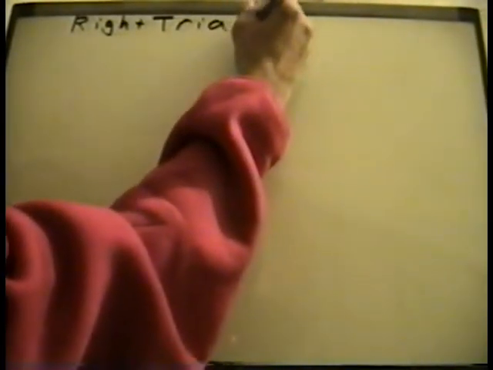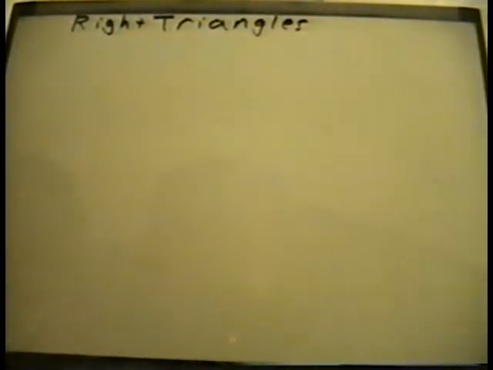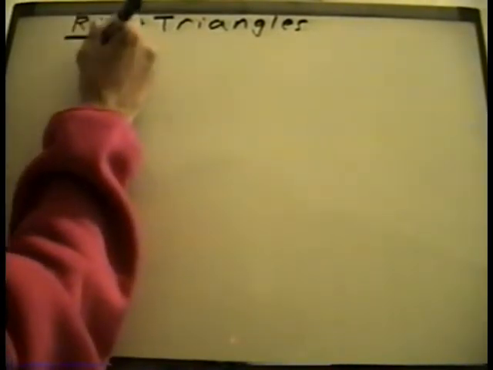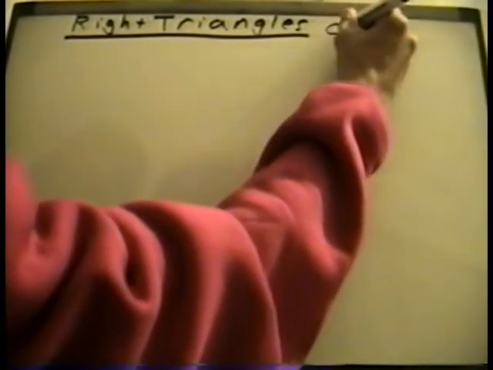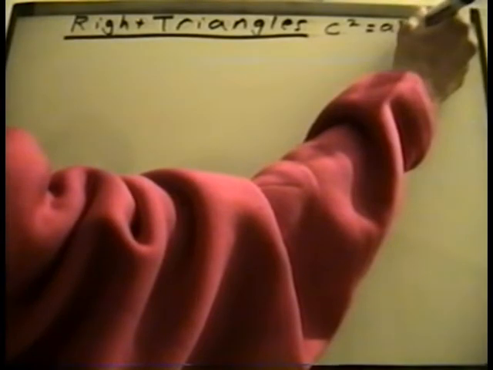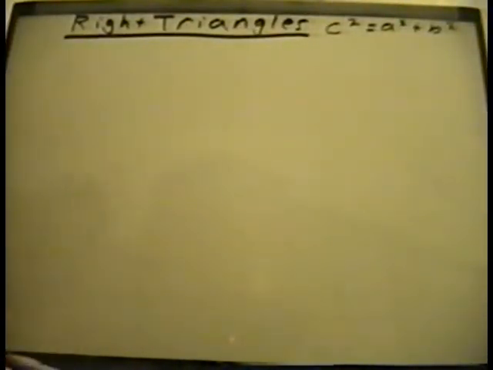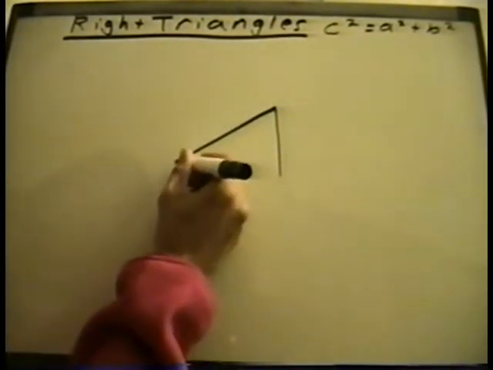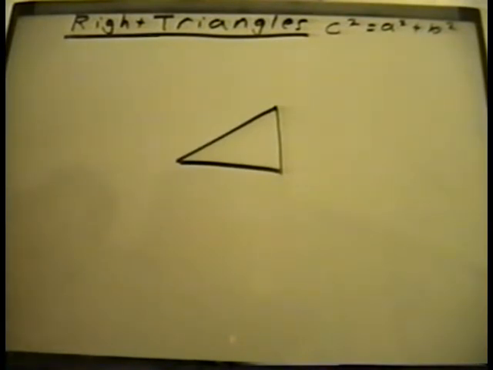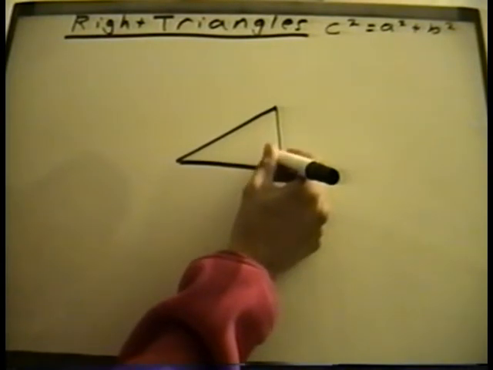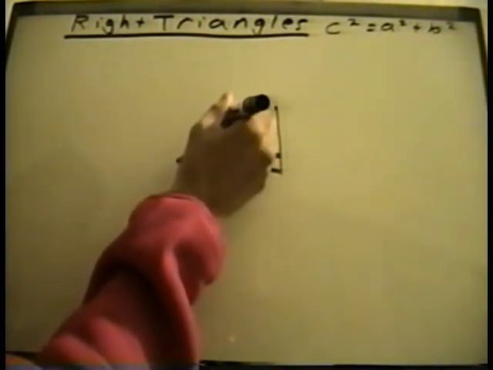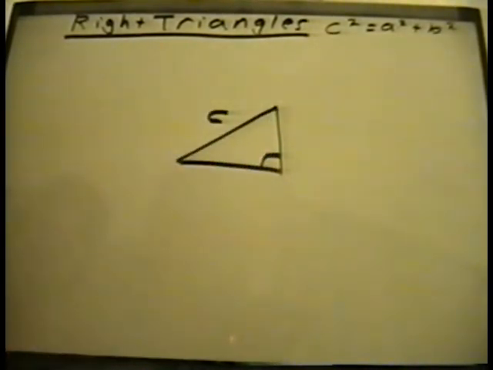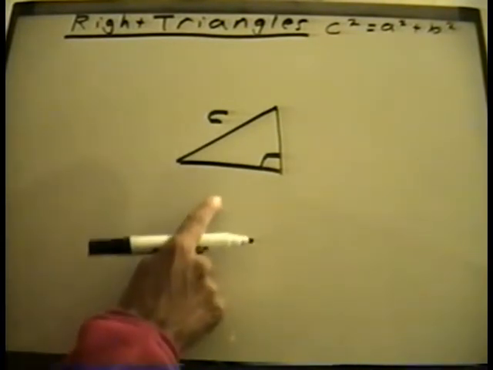So for right triangles, we're going to talk about the Pythagorean theorem. Okay, so the Pythagorean theorem states that if we have a right triangle, given that we say the hypotenuse is C, the hypotenuse being the longest side of a right triangle.